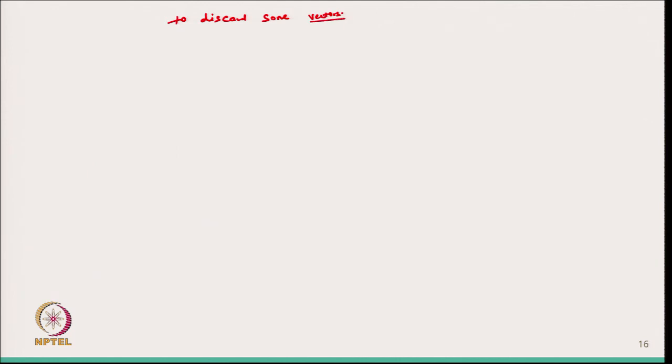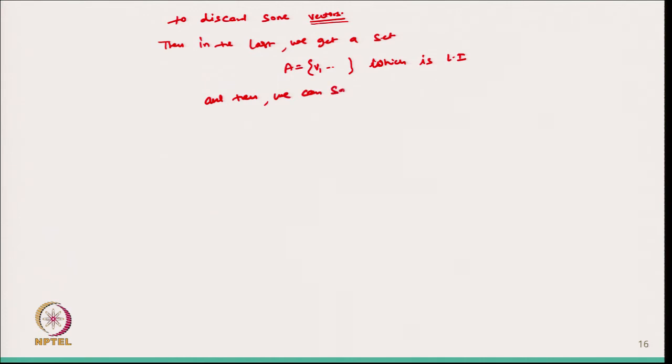Like we have discarded Vk, then again we can discard the vector which is a linear combination of the previous ones, and this way we can discard the vectors, and in the last we get a set, we call it A, which is linearly independent, and then we can say that the span of S will be equal to the span of A. So, this is the way we can use this theorem.